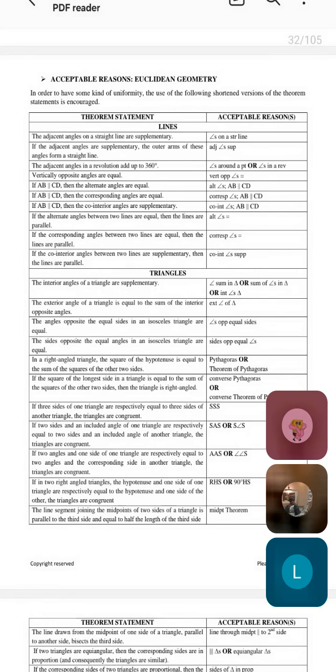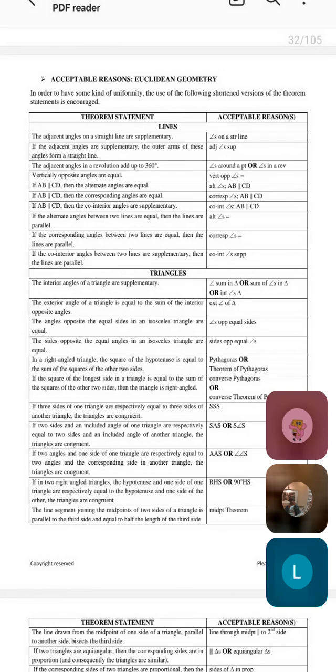Alternate angles exist whether lines are parallel or not, but they are only equal if the lines are actually parallel. So it says if the alternate angles between two lines are equal, then what can we conclude about the lines? It means that the lines are actually parallel.